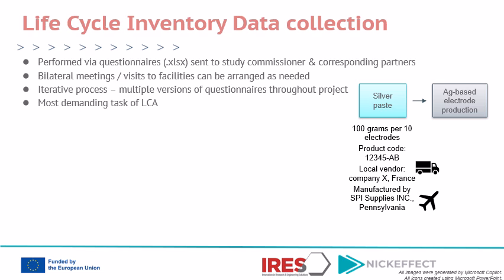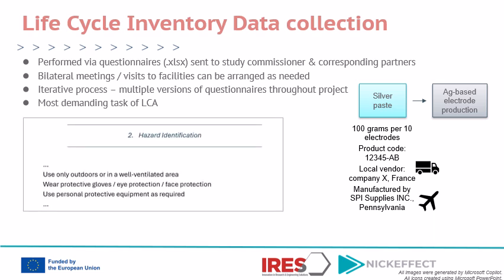Going back to the original scheme, because we took a bit of a detour, other information that you can find in an MSDS of a certain chemical has to do with the hazard identification section.